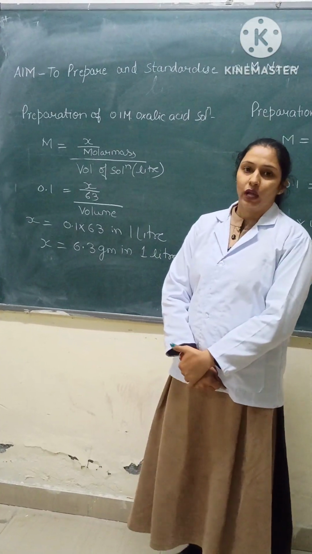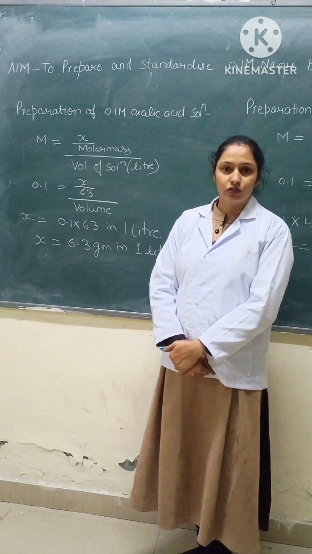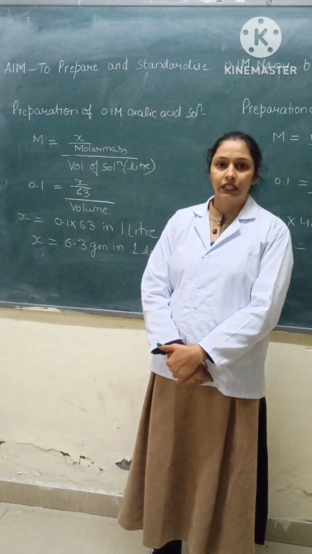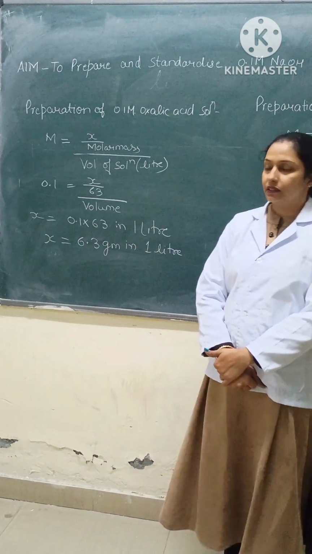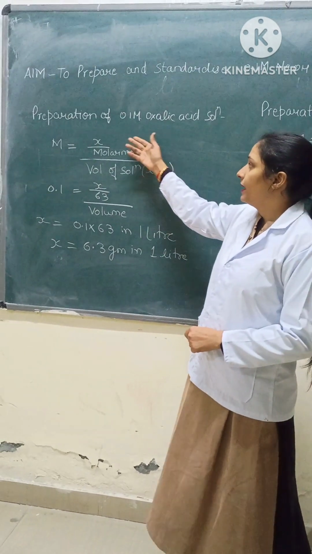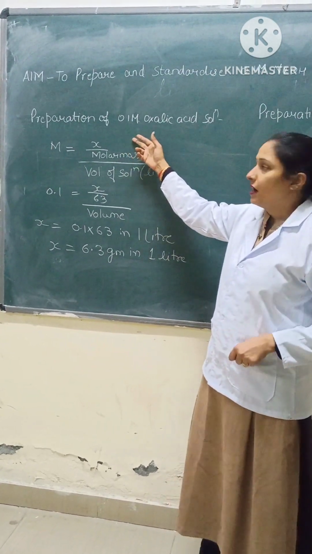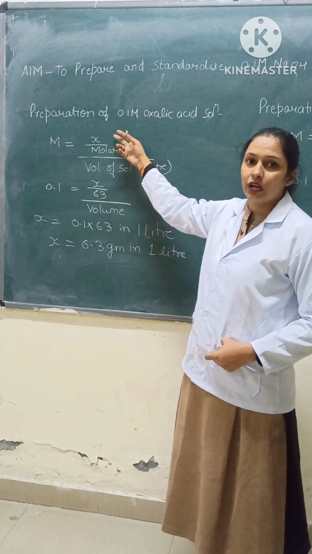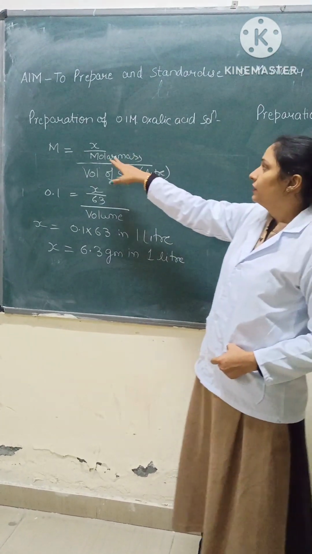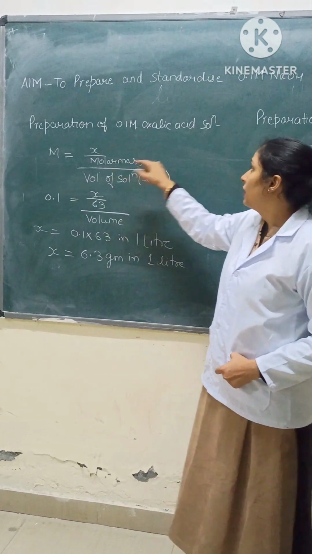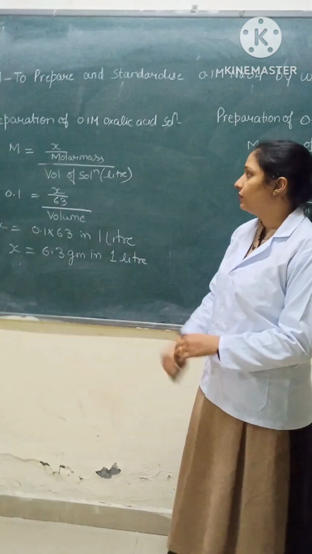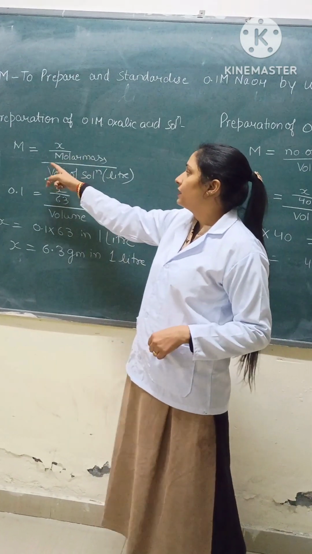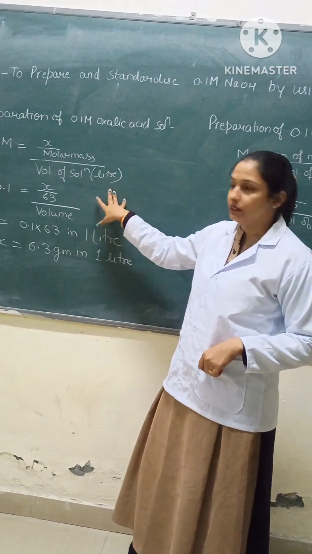require to do calculations. As we all know, molarity is the number of moles of solute in 1 liter of the solution. So volume of solution would be 1 liter. Number of moles is the mass X we have to calculate divided by molar mass, and molar mass for oxalic acid is 63. So X divided by molar mass divided by volume of solution in liters.